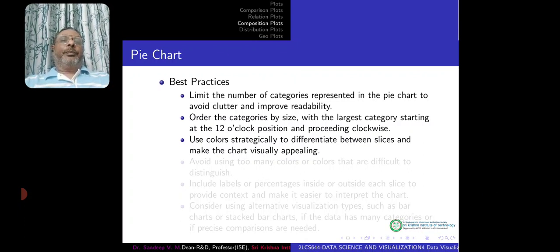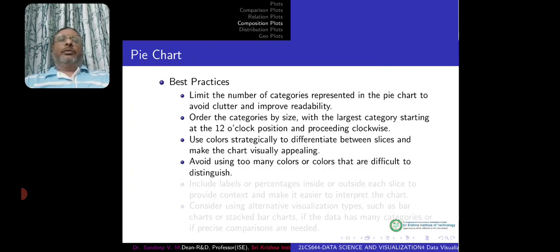And definitely avoid colors that are difficult to differentiate, like shades of red, shades of green, shades of blue, or shades of the same color. So make sure to use more colorful choices, and always the neighboring slices should have contrasting colors so that it immediately catches the attention and we can easily make out the proportion of each slice.